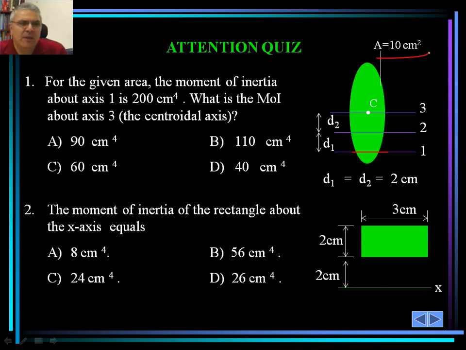We need to set up the equation, and knowing we're going to use the A D square plus what we already know, the 200 about axis 1.